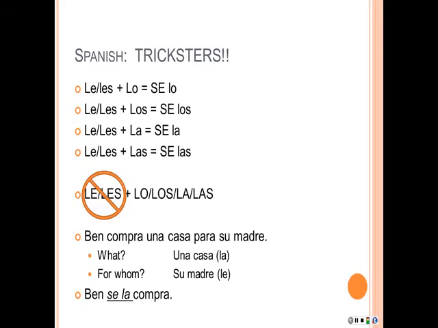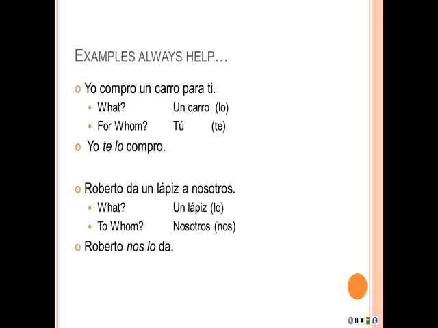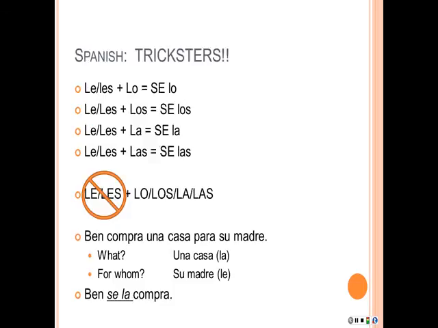That's why if you look back at this slide, for the le, it says se, and for the les, it says se. Because if you have le or les next to a direct object pronoun, it changes to se. Like I said, they don't like all those L's next to each other. I don't know why.